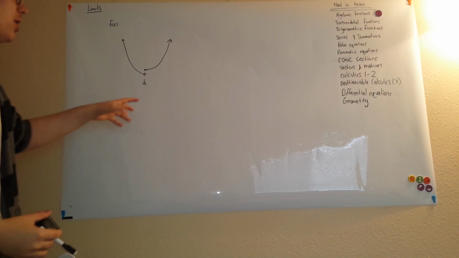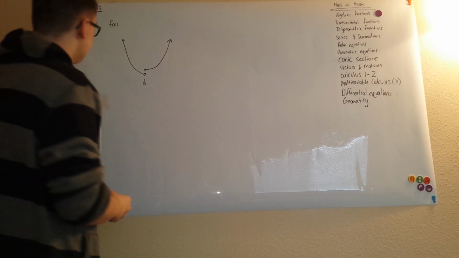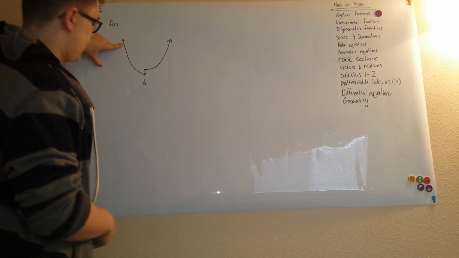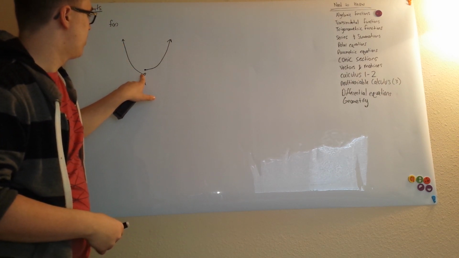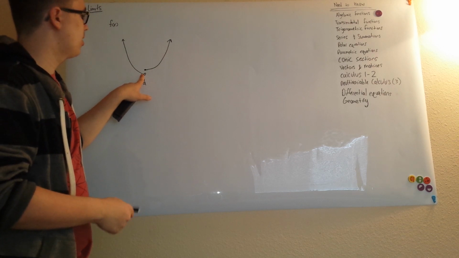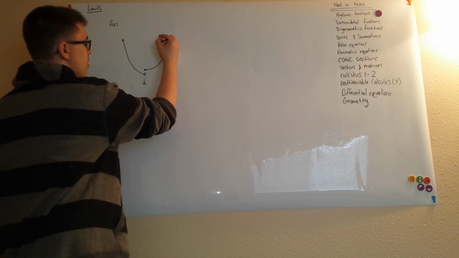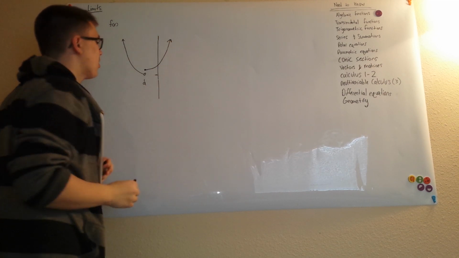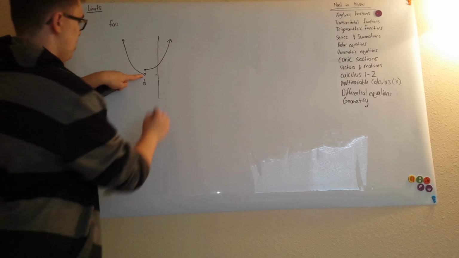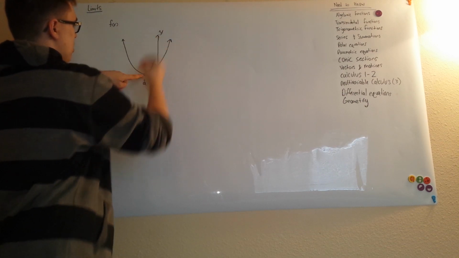In the textbook it's a C, but I like to use A. So, okay. Let's start with the left. Let's follow the curve, and we're approaching some value here. And this is the x-axis somewhere. Right? We're approaching this value on the y-axis.